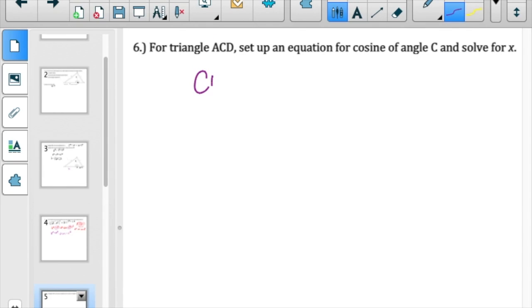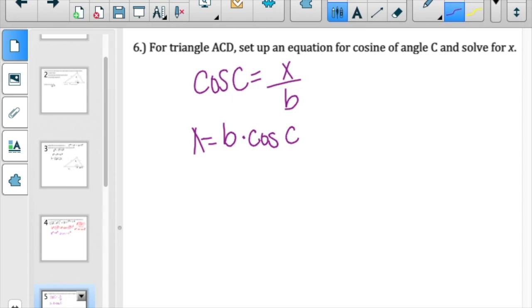Would you agree the cosine of angle C equals, excuse me, x over b. Cosine of C equals x over b. Solving for x, how do I get rid of that divide by b? Multiply. So x equals b times the cosine of C.